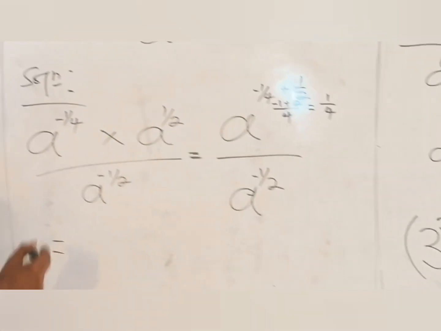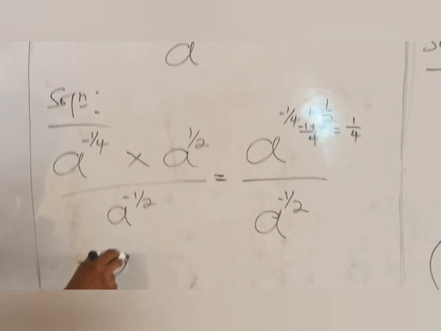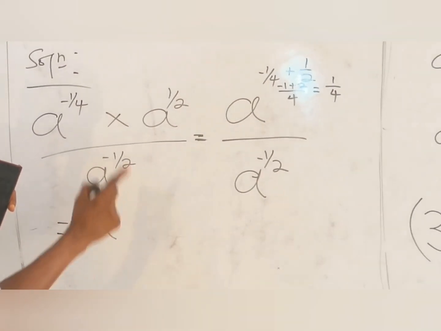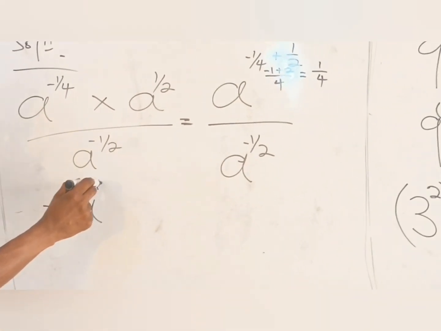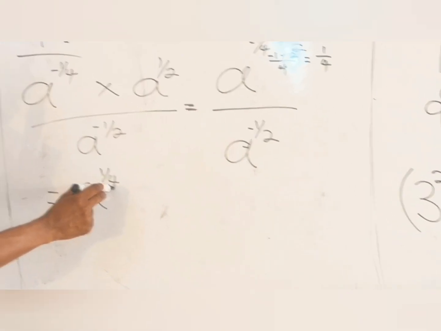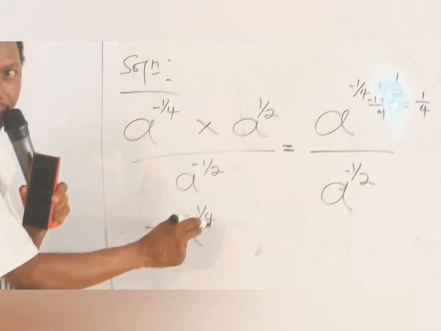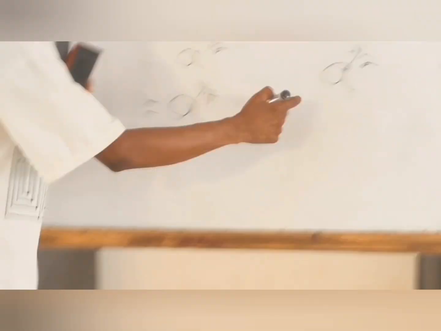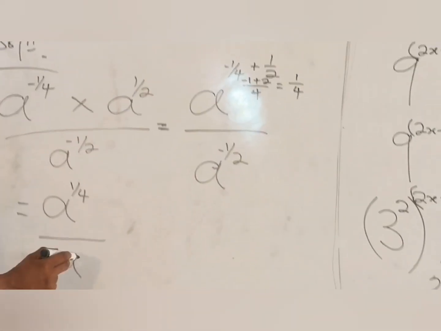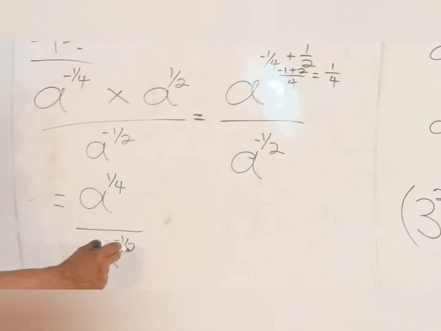So, our numerator becomes a. Is it positive or negative? Positive. It becomes a to the power 1 over 4. Are you watching? You have simplified the numerator. Indices at the top, all over, we have not done anything to the down. Negative 1 over 2.